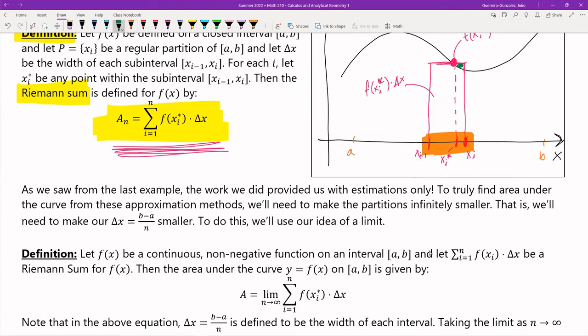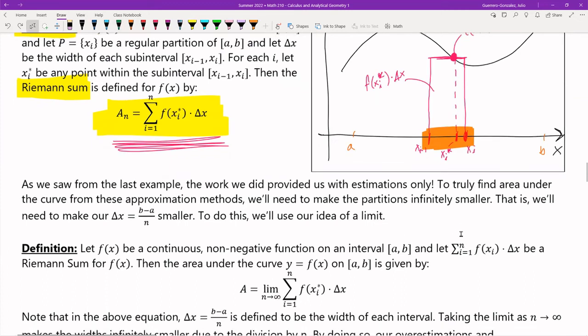There's less of little pieces getting left out and the other pieces getting left out here. Does that make sense? If we make our delta x, the width of each one of those boxes, smaller and smaller, this is the idea of a limit from chapter 2.